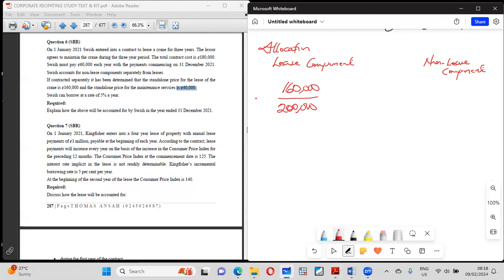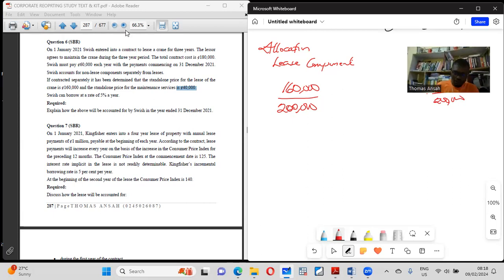Now that has been done, the next thing for us is to do the non-lease component, which will be 40,000 divided by the 200,000. Now I have my calculator here. If I take 160,000 over 200,000, that gives me 0.8.